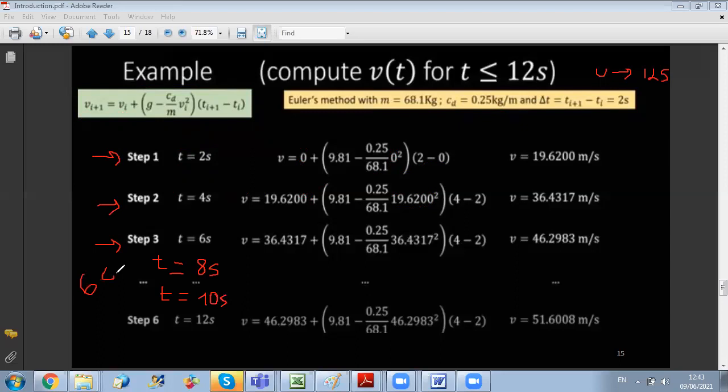Now, if I decide to get more points, then I can choose a smaller delta t. So if I say I want to take delta t equal to 1 second, let's say, then since delta t was divided by 2, the number of calculations will be multiplied by 2. So I should perform now 12 calculations from 1 to 12.